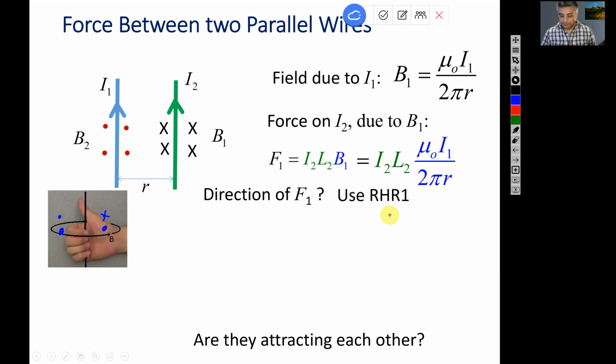Now let's talk about wire number 1 again, but this time it's sitting in a magnetic field produced by the current in wire number 2. So when you hold wire number 2 by pointing the thumb in the direction of flow of current and curl your fingers, what happens?